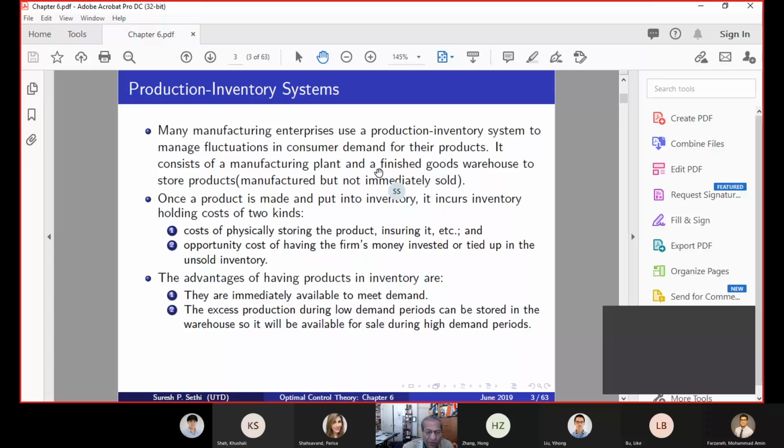So you want some sort of smoothing. But then if you want to do that, in the period of low demand you can produce a little bit higher amount, in which case you need to store. So there's an inventory cost of storing the product. And then that stored product can be used when the demand is high. So that's sort of what is going on here.